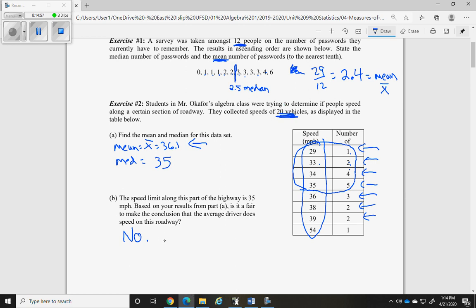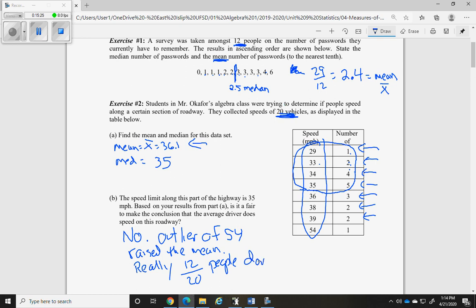The outlier of 54 raised or increased the mean, really. 12 out of 20 people don't speed. So you have to look at data as a whole.